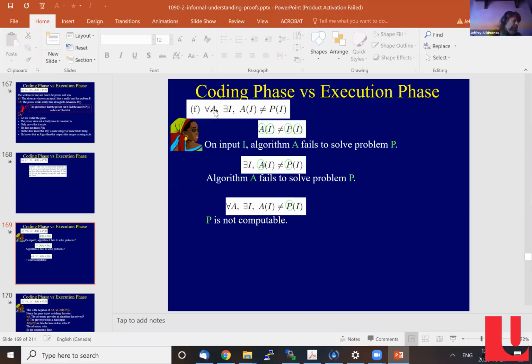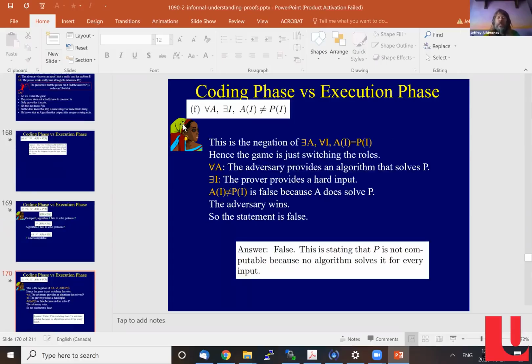I study this arbitrary algorithm and I come up with some input and I prove that on that input, the algorithm doesn't in fact solve the problem. Right? Does that make sense? Okay, then why does the last part say false? Because you give me an algorithm, I give you an input on which the algorithm does not solve the problem. It's not computable.